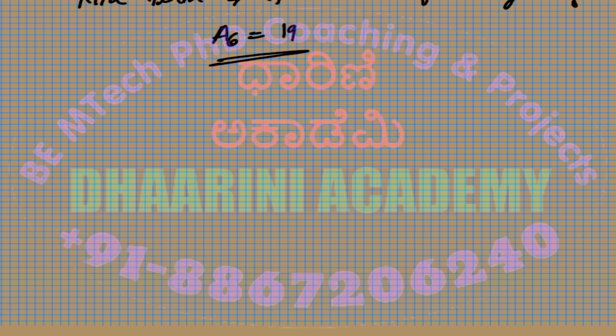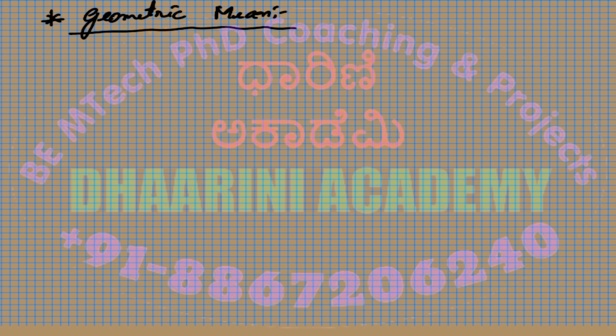So the next concept, the next type of mean is called as the geometric mean. Now, if three terms are in GP, then the midterm is called as the geometric mean of the two terms, right?